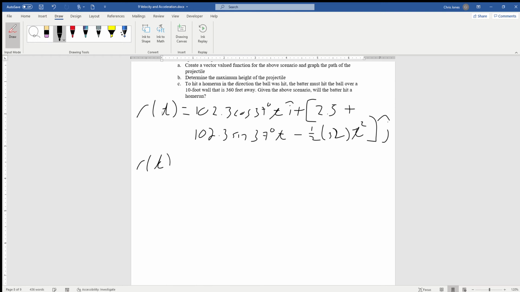So r of t: we have 102.3 times the cosine of 37 degrees, and I get 81.7 t in the i direction, plus 2.5, and if we do the same thing but replace that with sine, that's going to be 61.6 t, and then minus 16 t squared, and that's in the j direction.